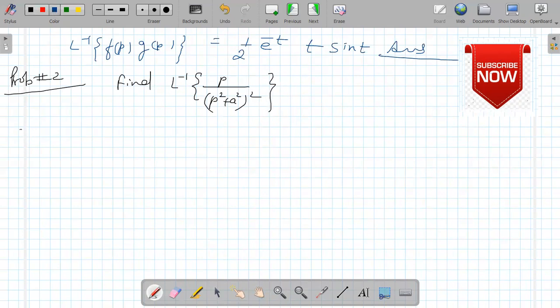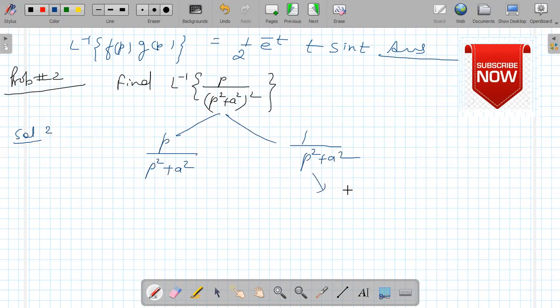Again we have to select fp and gp first of all. So we can divide this into two parts. One is p upon (p square plus a square). Another is 1 upon (p square plus a square). So this is taken as gp and this function is taken as fp.